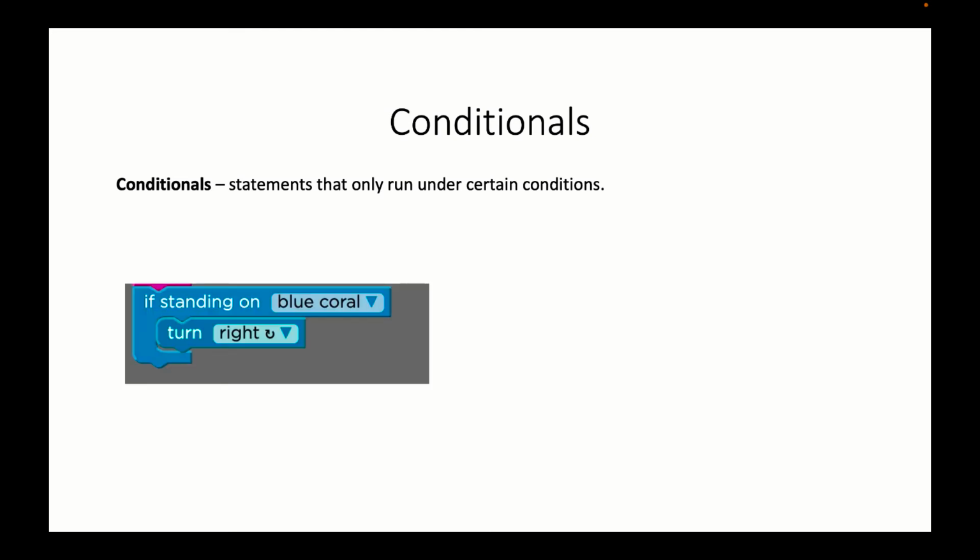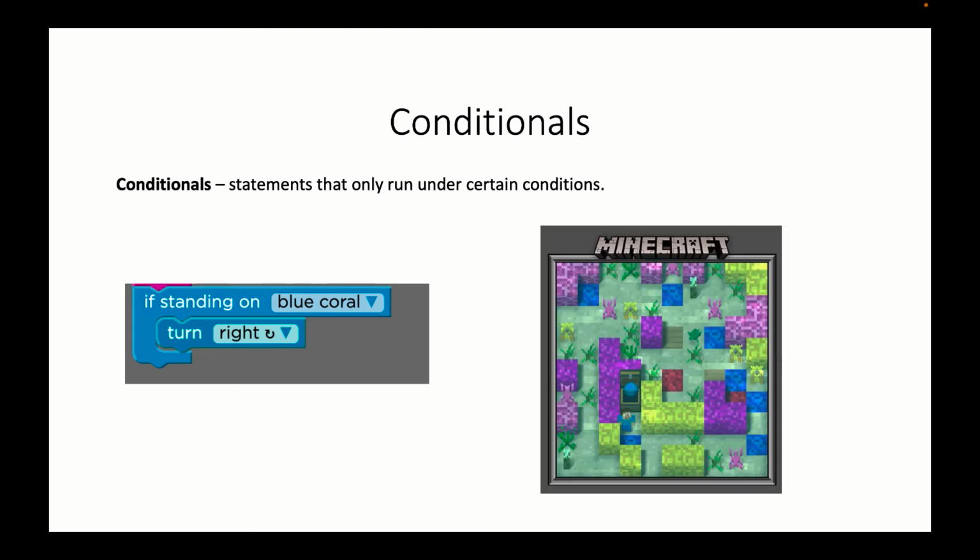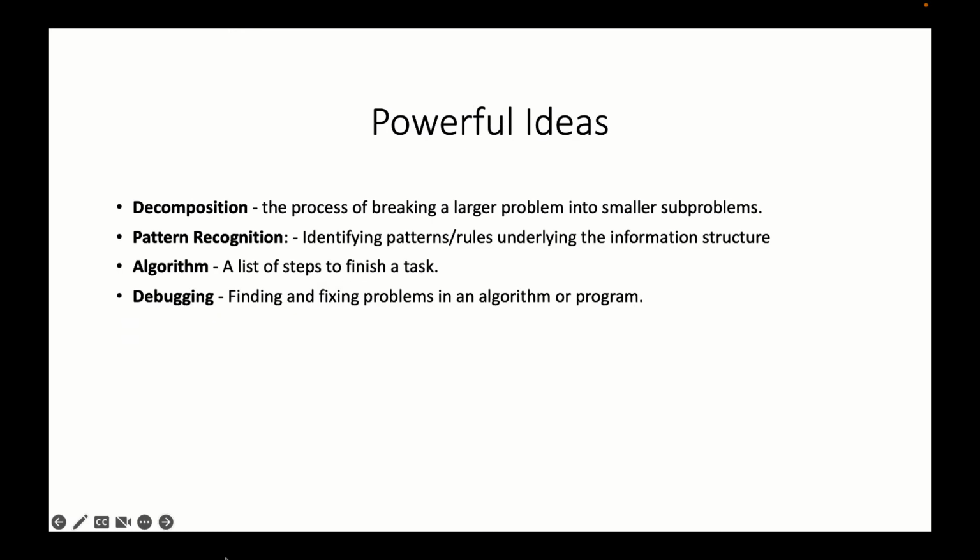Another key concept in interactive media is conditionals. Statements that only run under certain conditions. Common conditionals include if, when, and while. This program shows that if the character stands on a blue coral, it will turn right.